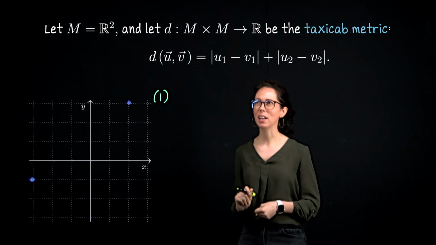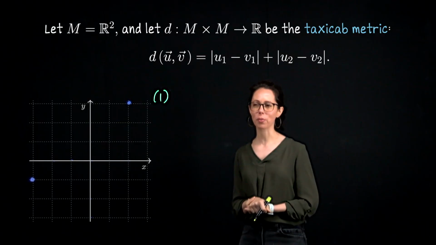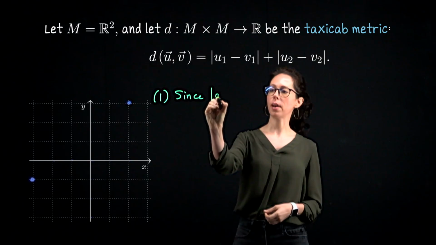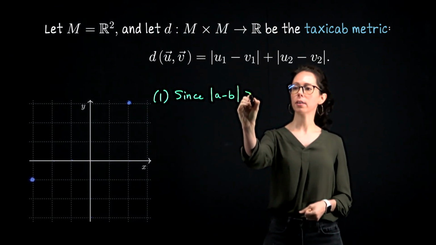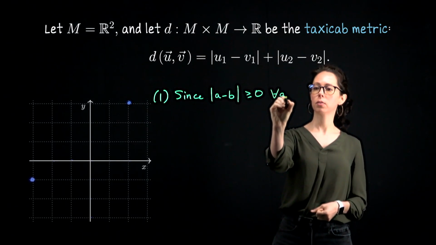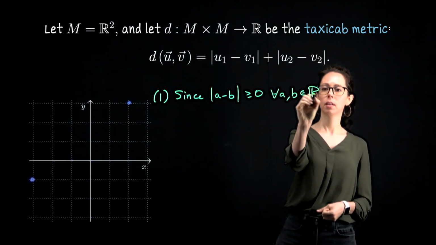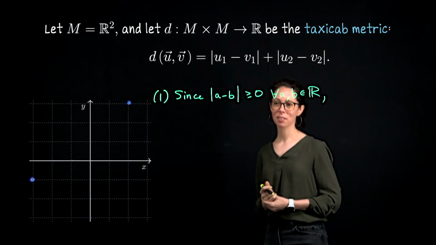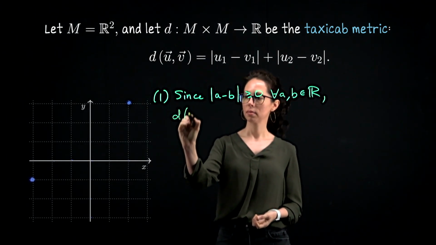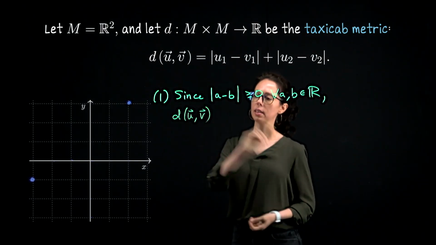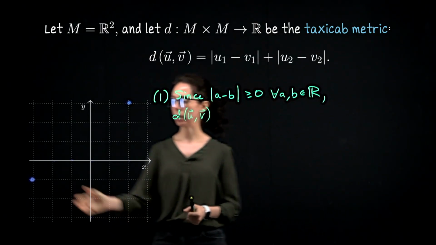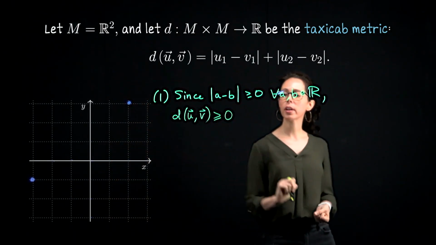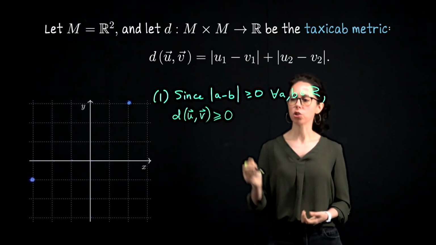So positivity doesn't quite feel like it's worth writing down, but let me say something. Since the absolute value of A minus B is greater than or equal to 0 for all real numbers A and B, in particular pairs of x coordinates and pairs of y coordinates, D, the distance between the point (u1, u2) and the point (v1, v2), is made up of the sum of those two, so it's greater than or equal to 0, and I'm just going to write by construction.